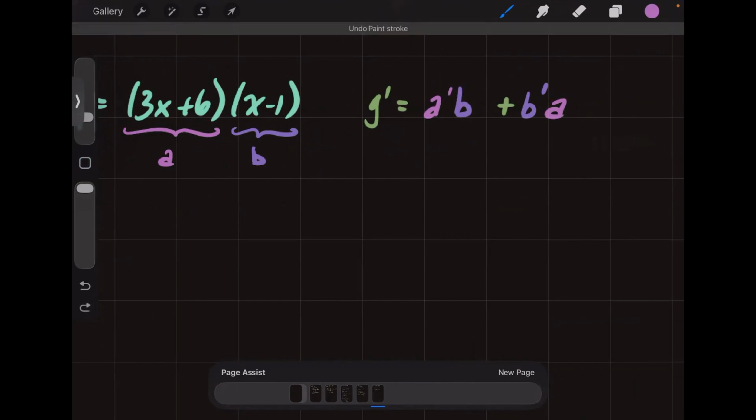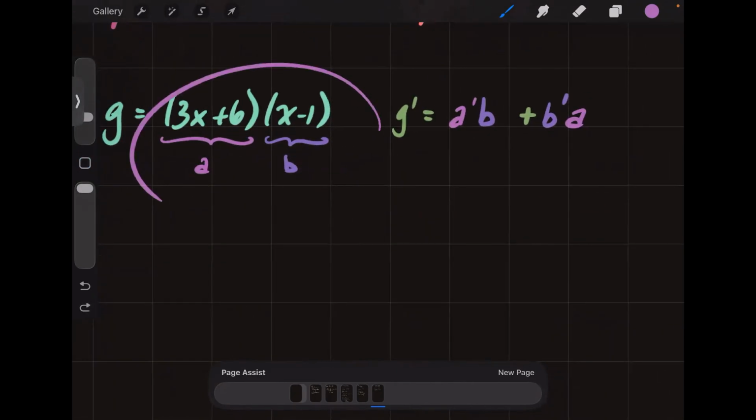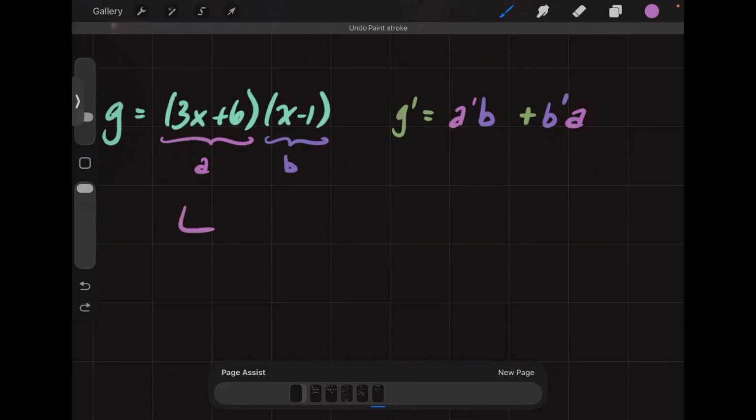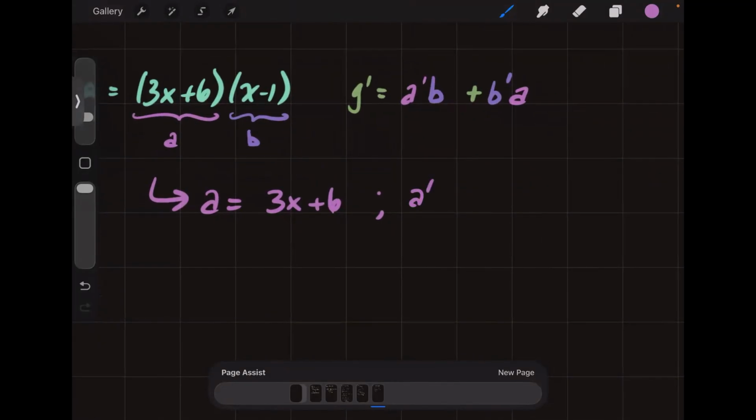Not to the first, prime. Okay. Like I said, this is a nested product rule, right? So if you have A is equal to 3x plus 6, then you know that A prime is going to be 3, right? You know B is equal to x minus 1, then you know B prime is equal to 1.